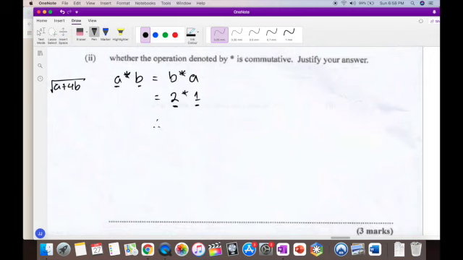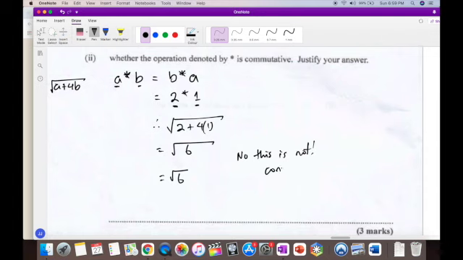So that'll be the square root of 2 plus 4 into 1, which is equal to the square root of 4 plus 2, which is 6. So we can leave that as the square root of 6 and say that no, this is not commutative.